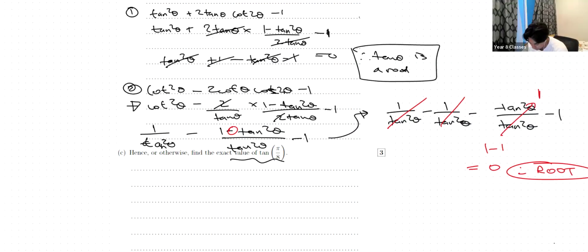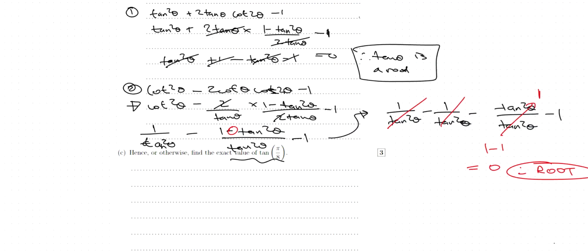Okay, so what did we show in part B? That tan theta and negative cot theta are roots. Yep. And what do we have in part C? We have tan pi on 8.